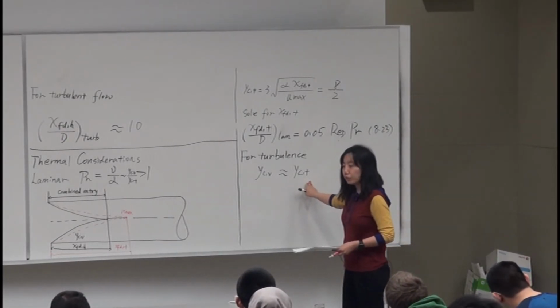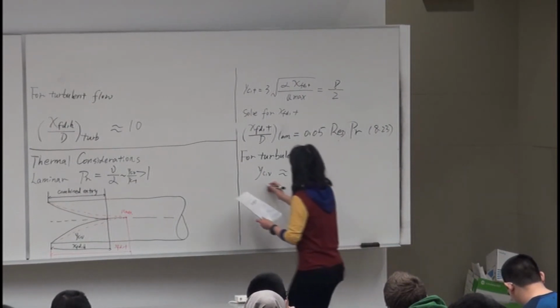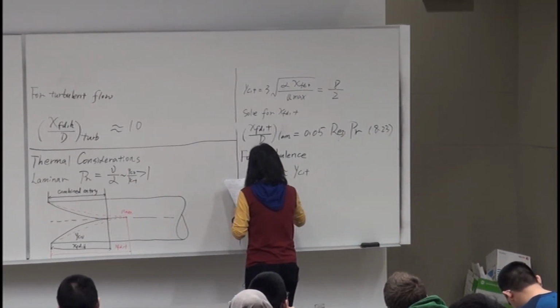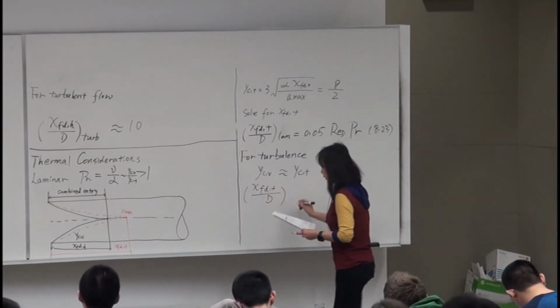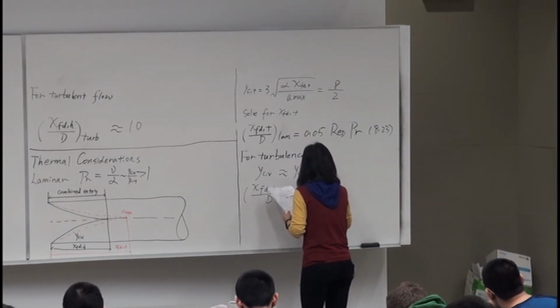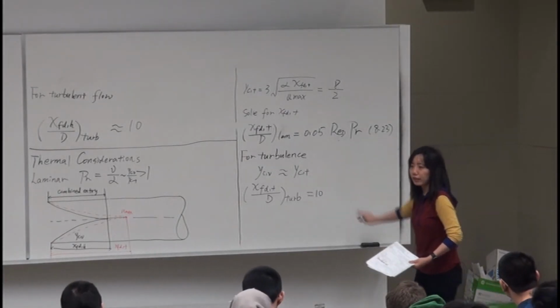When those two boundary layers are almost the same, our entry lengths are almost the same. So the fully developed thermal entry length for the turbulent case is the same as that of the hydrodynamic, 10 diameters.